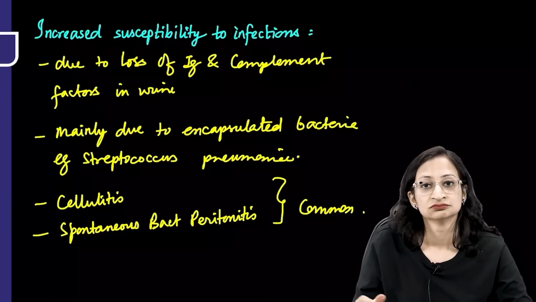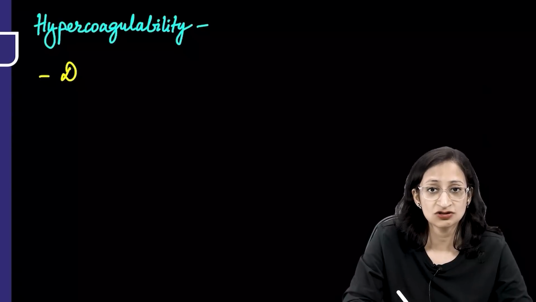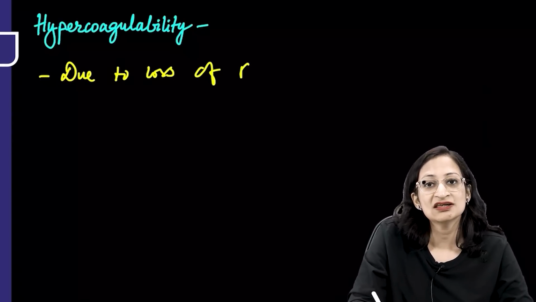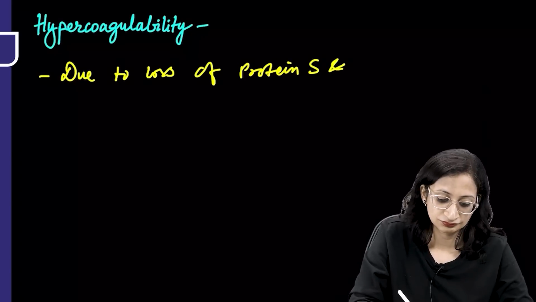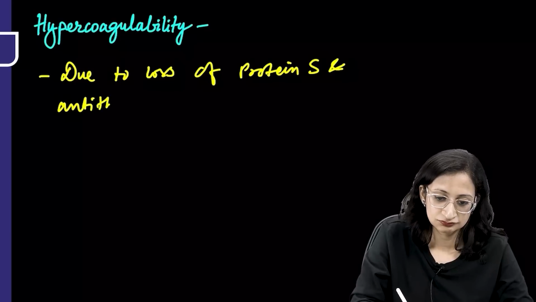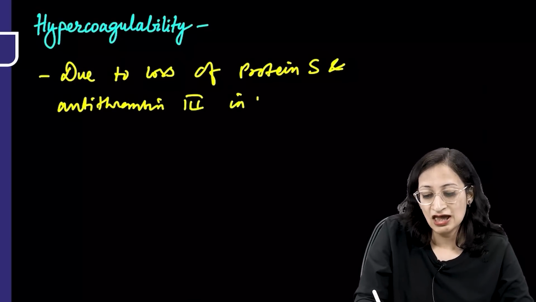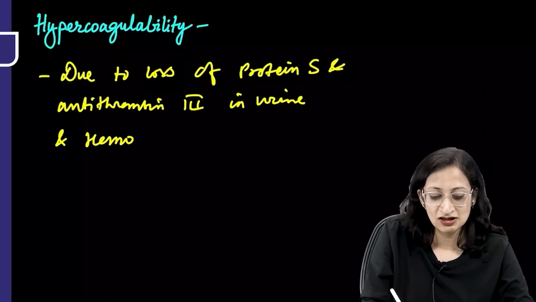Okay. There is a hypercoagulability. So this is due to the loss of proteins S and antithrombin 3 in the urine. And there is also hemoconcentration and stasis.